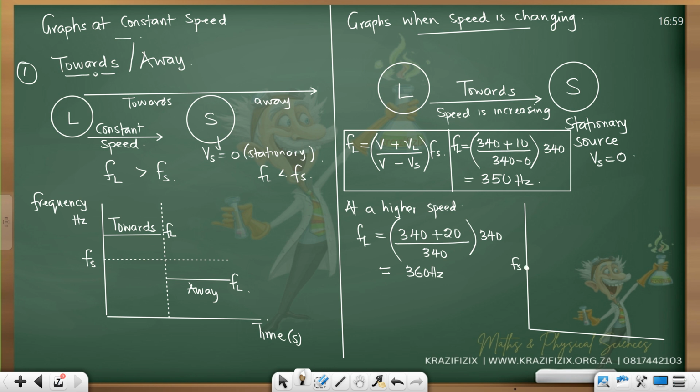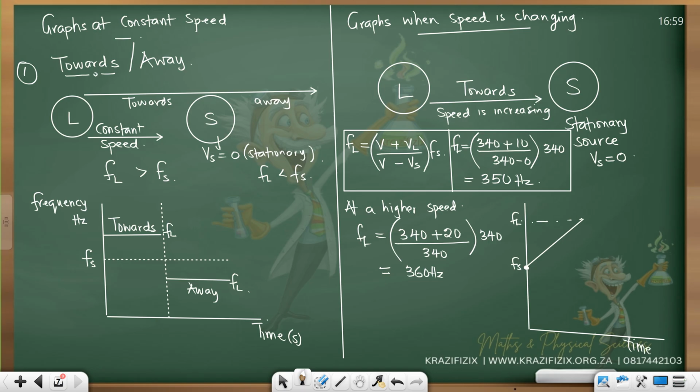Fs there. Where this graph represents FL. And this is time.